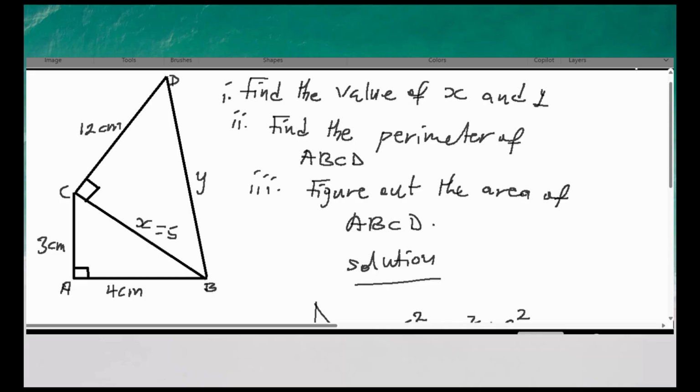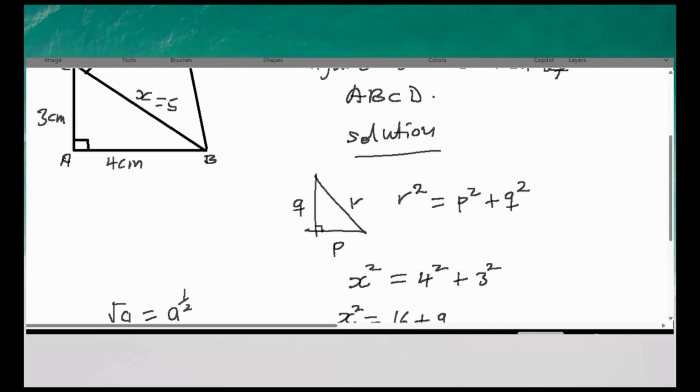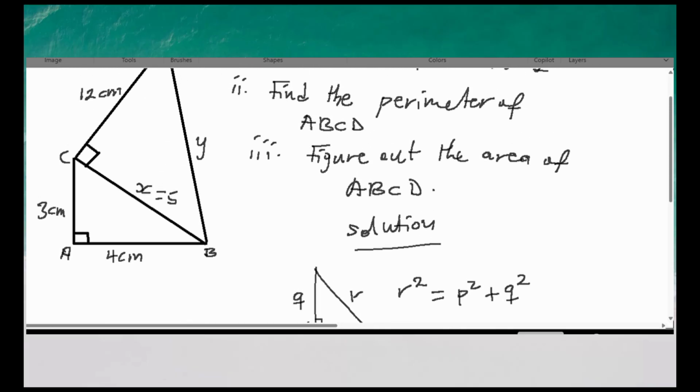So if x is 5, then we have BC as 5. We also have CD to be 12. All we need is the y. But the y is going to be our hypotenuse, comparing to the Pythagoras rule that we just worked. Our R will be y, our Q will be 12, and our P will be 5, right?